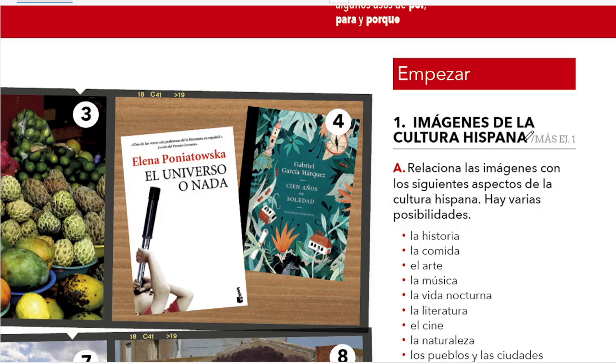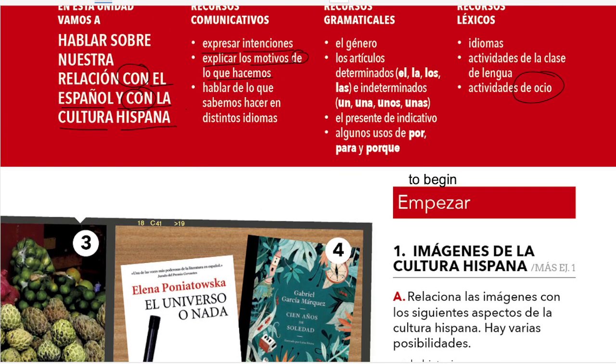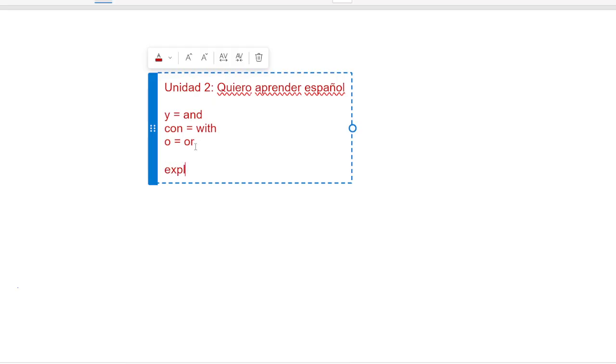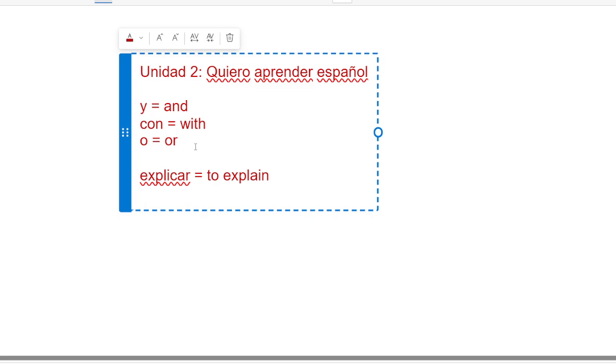So this is about empezar, which means to begin, or commencement. Few verbs, please note down. Explicar, to explain. Expresar, to express.